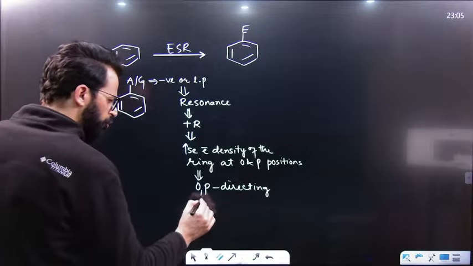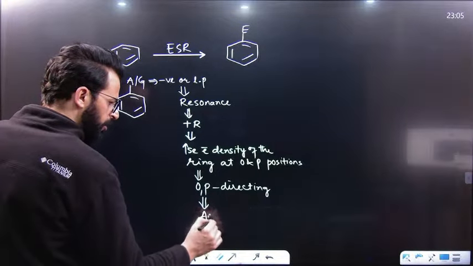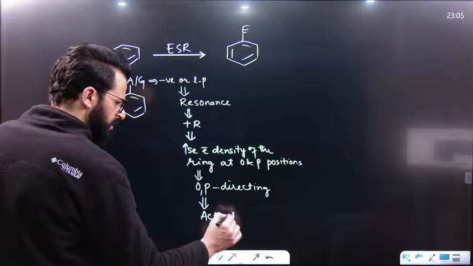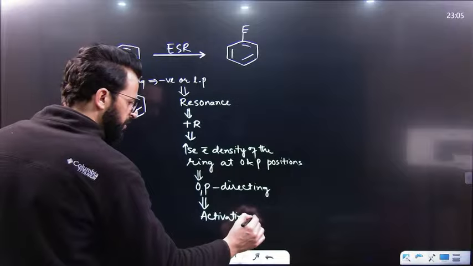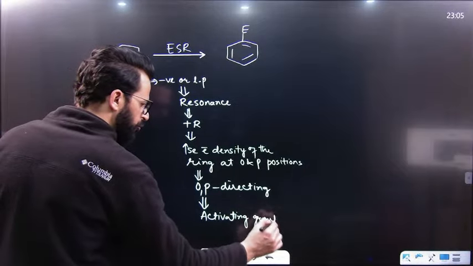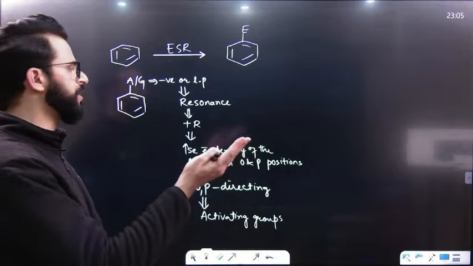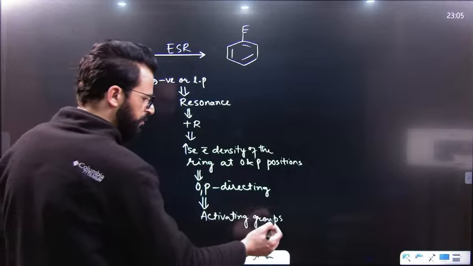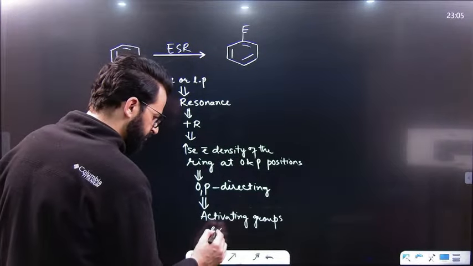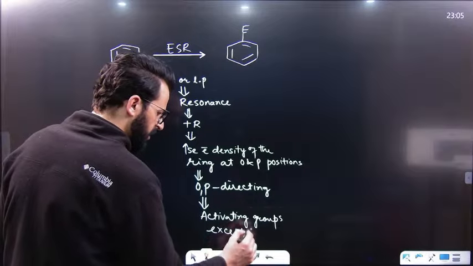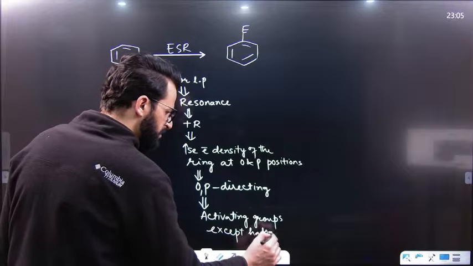And such groups are known as activating groups, except halogens. Activating groups are those groups which donate electrons towards the ring and increase the electron density of the ring. What is meant by this point?